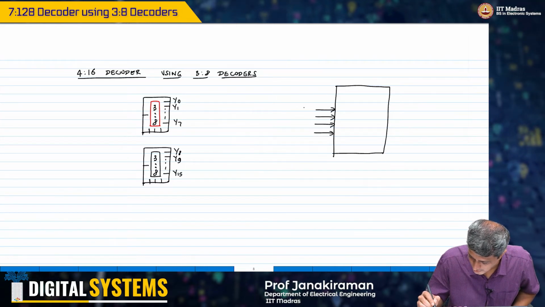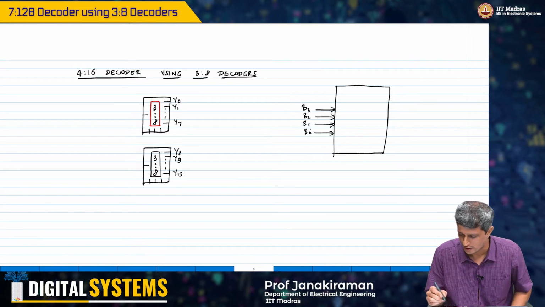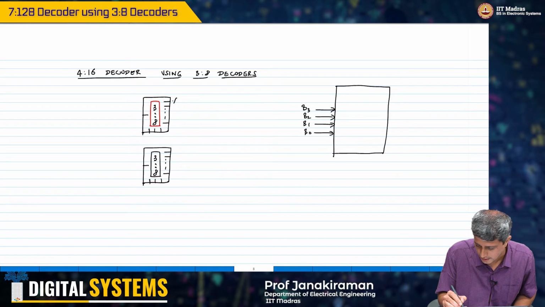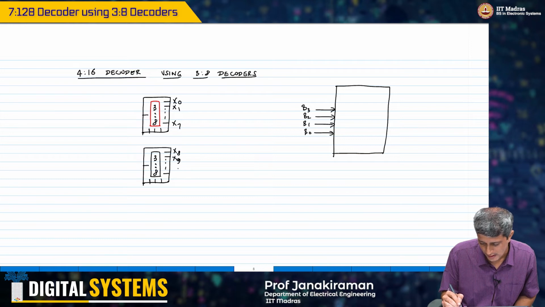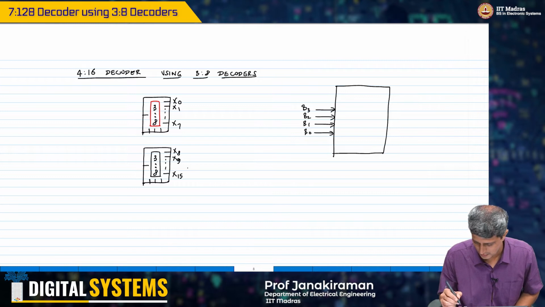Okay, I will call this B3, B2, B1, B0, so that I don't confuse it with the A bits, and I will call these outputs X0, X1, X7, X8, X9, X15, right? So these are my things.